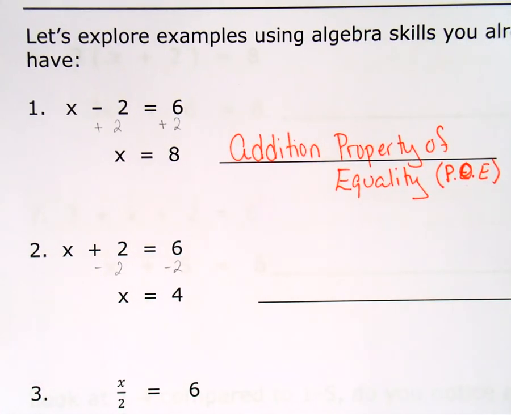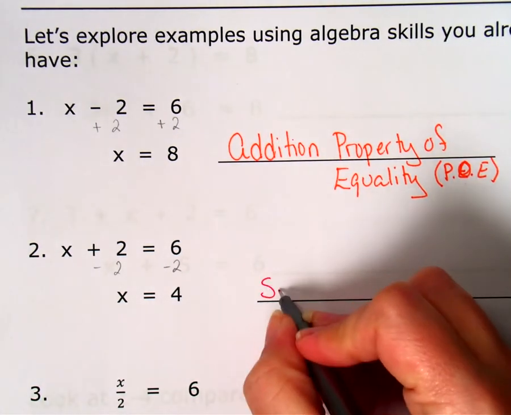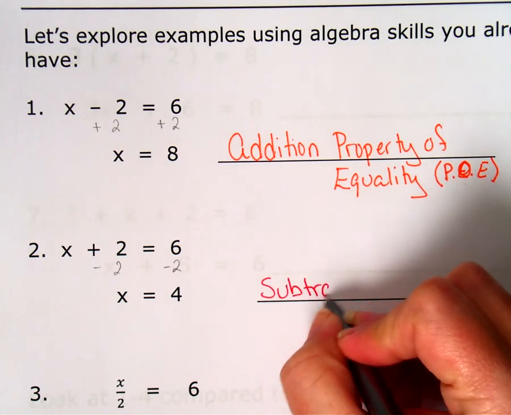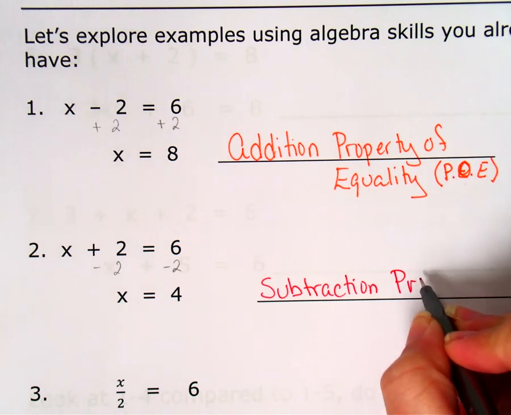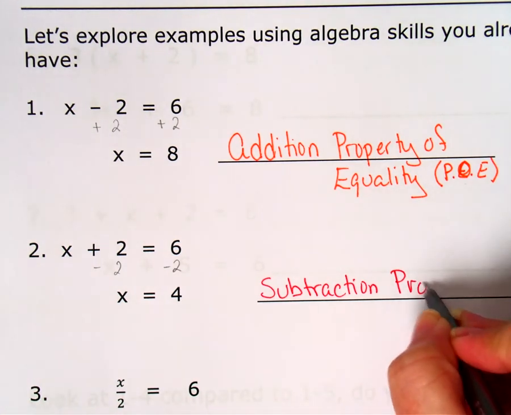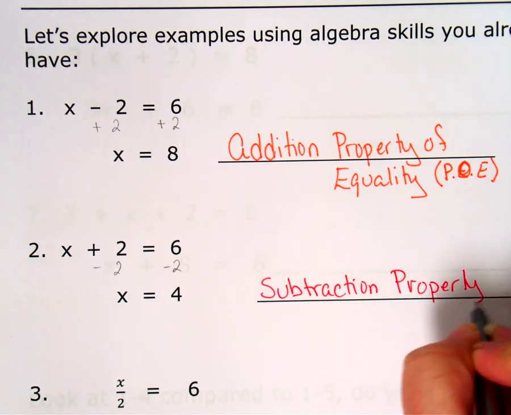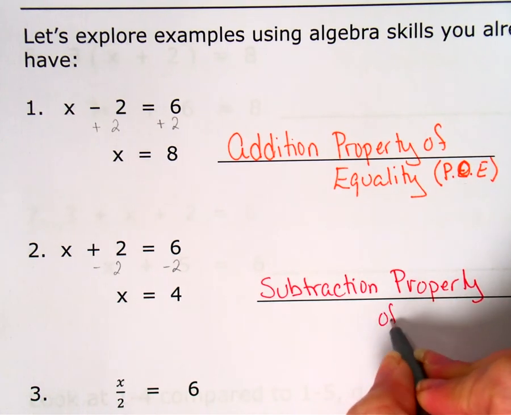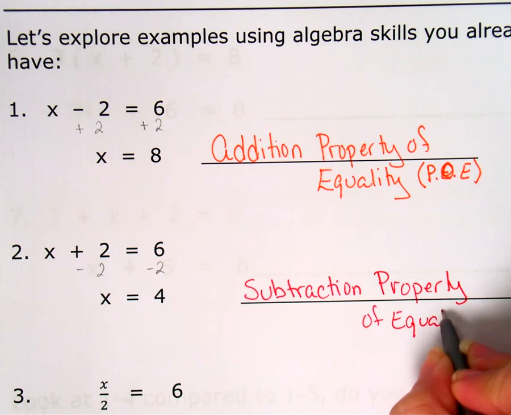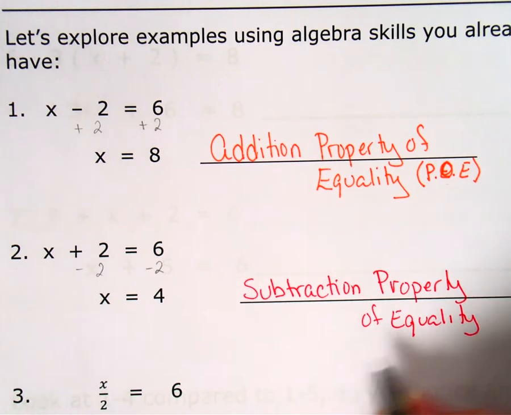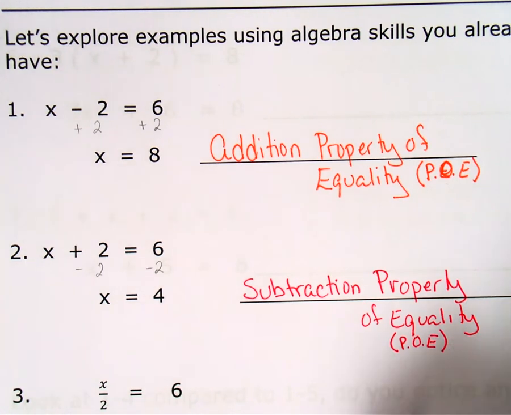We call that the subtraction property of equality. Or again, P-O-E for property of equality.